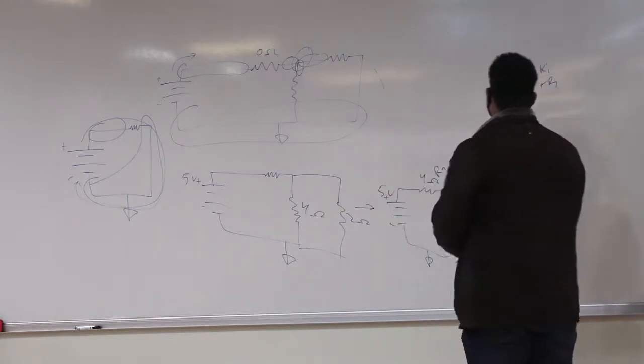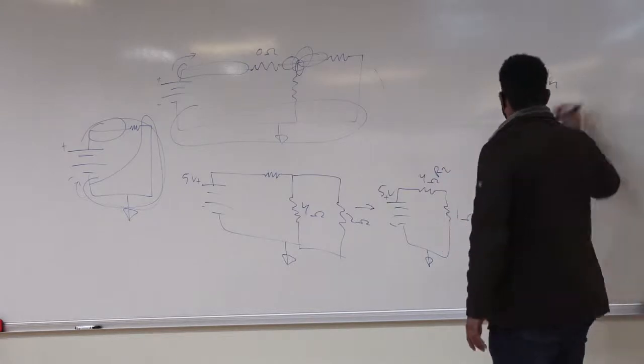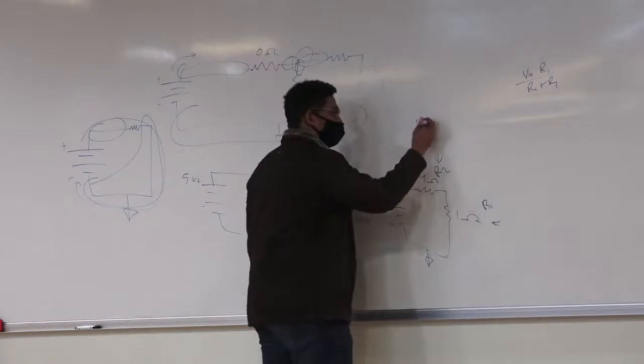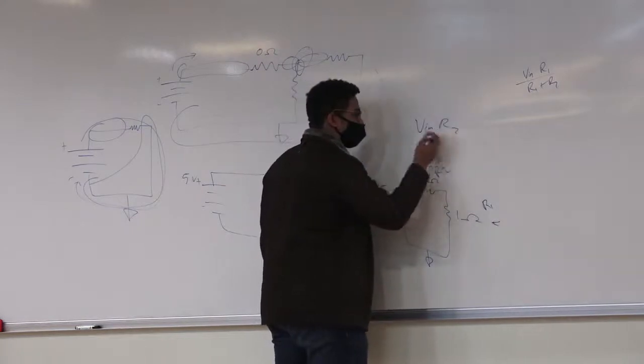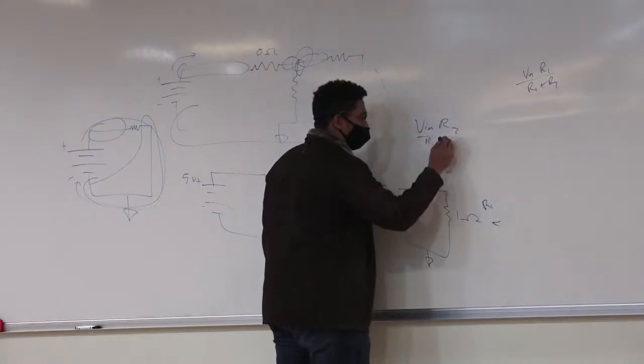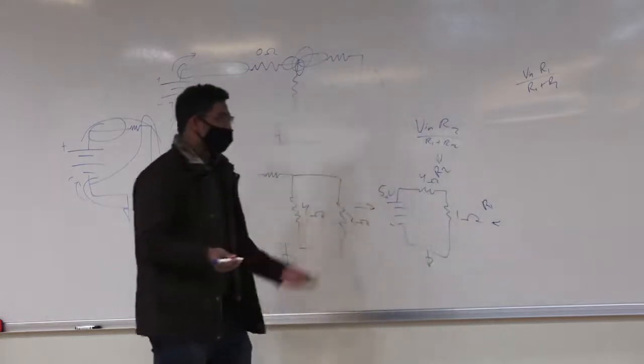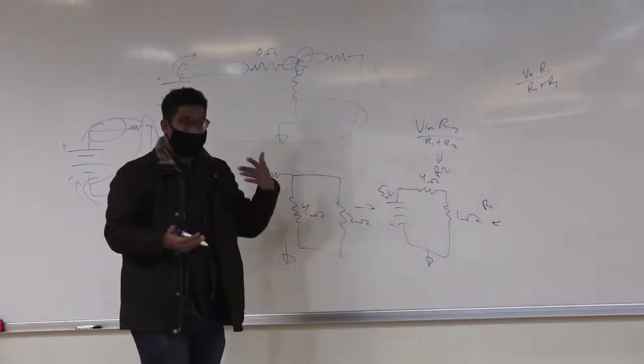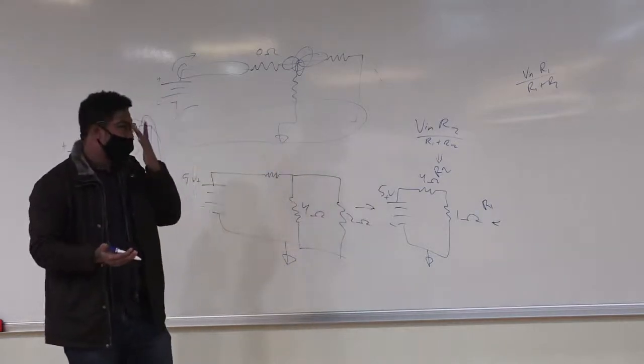It's a really easy equation. And to find the voltage across this one, the only difference would be Vin times R2 over R1 plus R2. So it's called the voltage divider equation because proportionally it divides out, and it works pretty well.